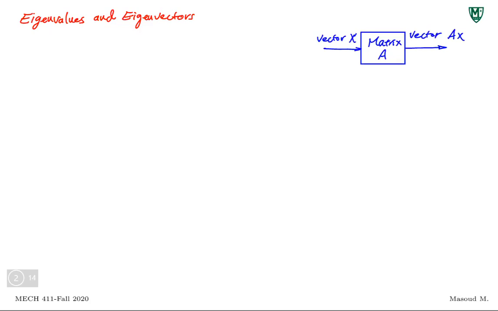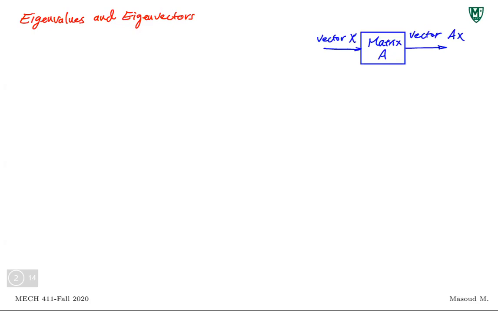Vector x comes in, matrix A does an operation, and then vector Ax goes out. In this general case, I'm interested in a special case. It's not typical that the outcome, vector Ax, is in the same direction as vector x.